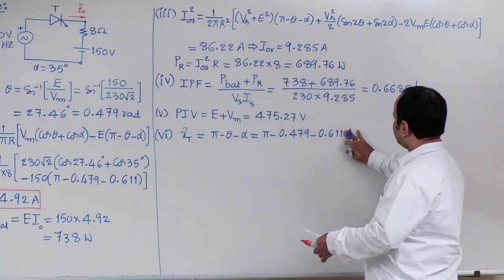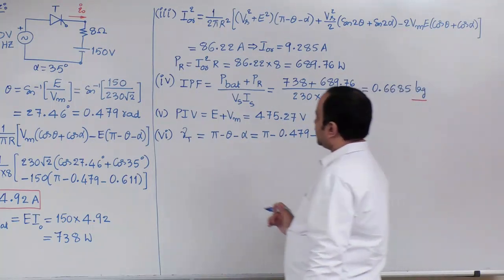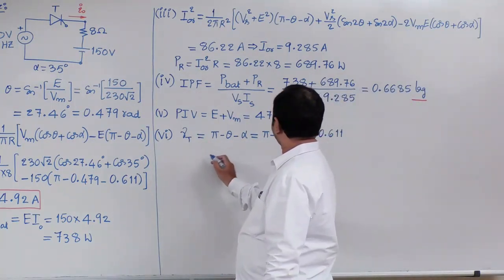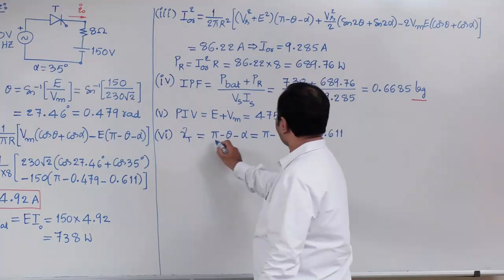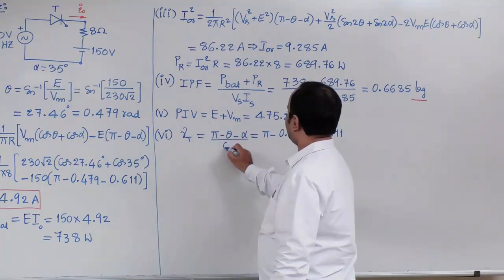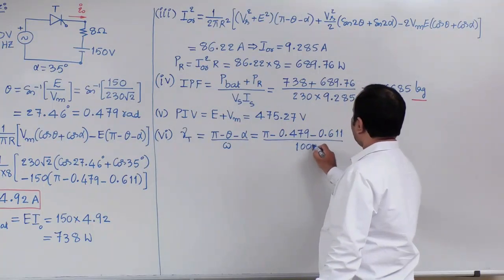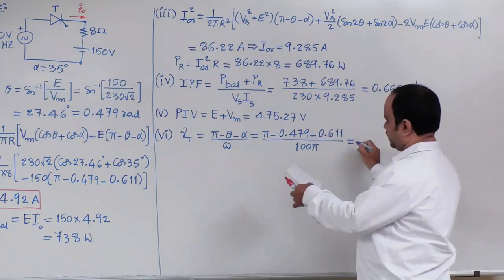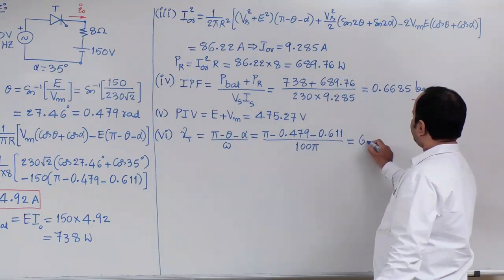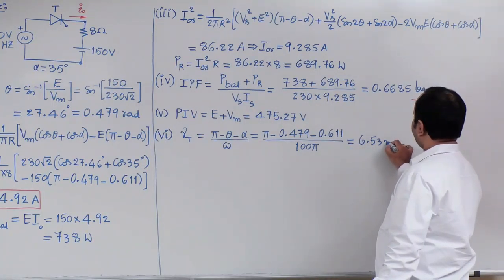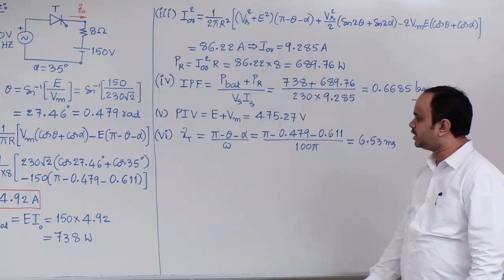I have not calculated this value. So gamma T in time will be, you have to divide this with omega, or omega value is 100 pi. I have this value readily, that is 6.53 millisecond.